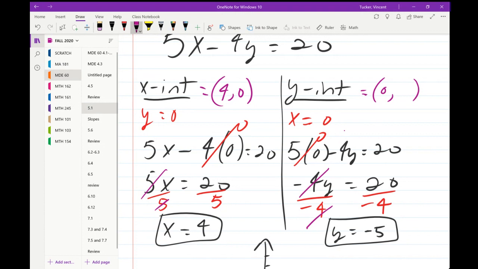Y is equal to negative 5, so my ordered pair would be 0, negative 5. All right, questions before we graph?